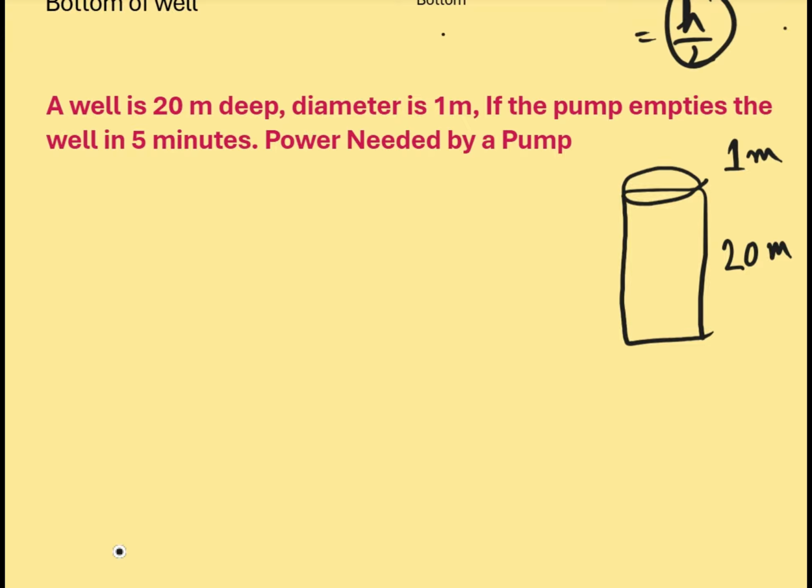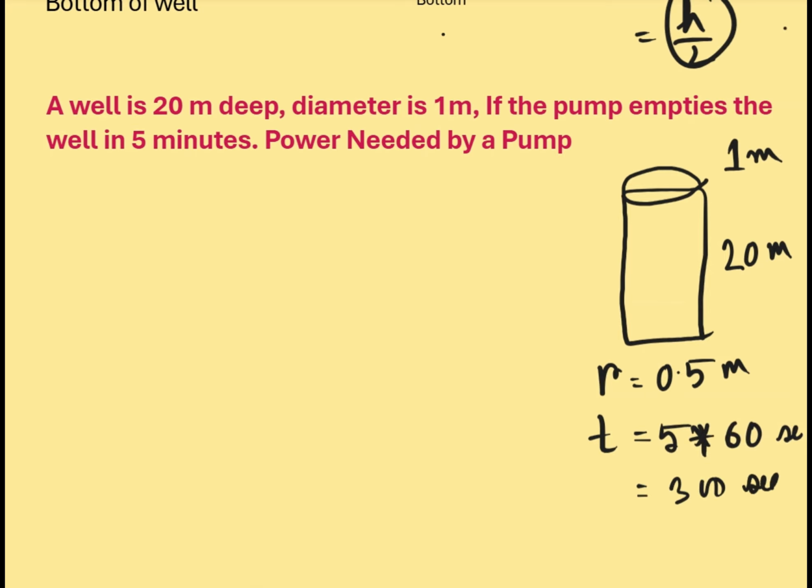So the radius will be 0.5 meter, and t, time required to empty the well, is 5 minutes, so 5 times 60 sec, so it will be 300 second. Power needed by the pump. Okay, so this is the final question, power, right?